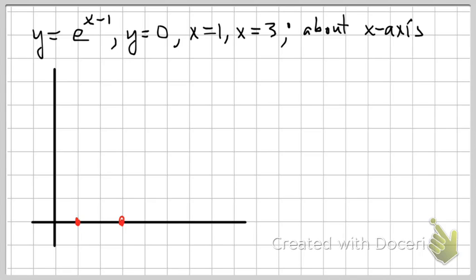Now, I do need to plug in to find these intersections. If x equals 1, then what do I get for y equals e to the x minus 1? 1. So that's going to be 1, 1. There we go. And if I plug in 3, that's going to be e squared.